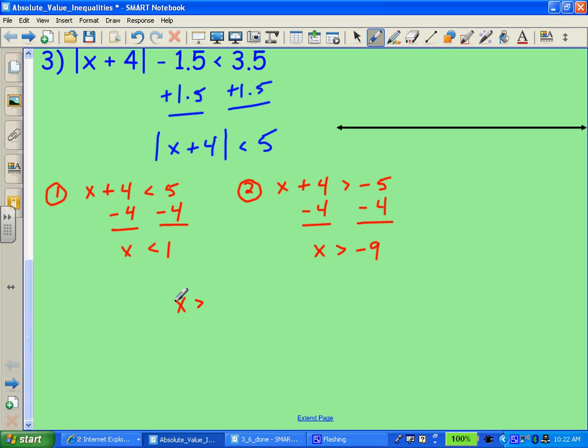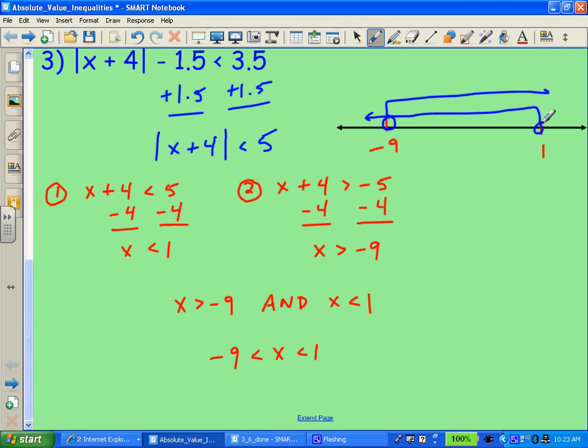So again, if I write this in order, I'd have x greater than negative 9 and x less than 1, which would be the same as this compound inequality statement. So then if I put negative 9 on my number line and 1 on my number line, x greater than negative 9, so that's open circle to the right, x less than 1, open circle to the left.